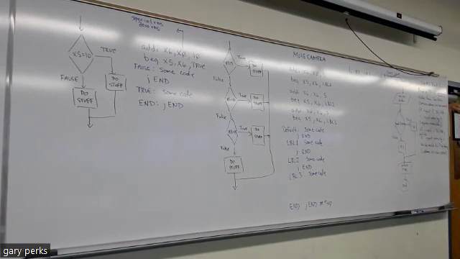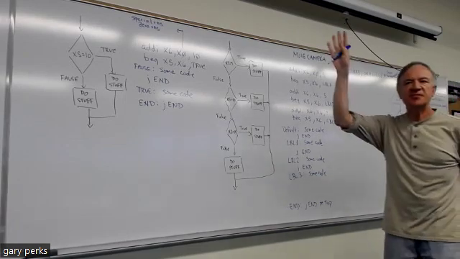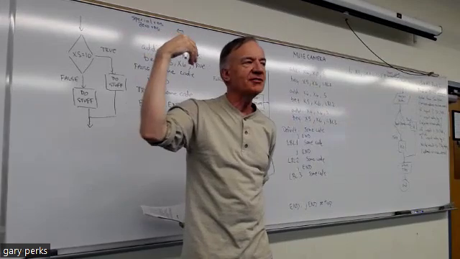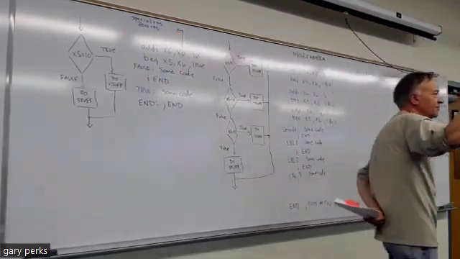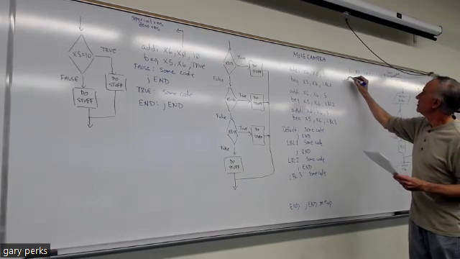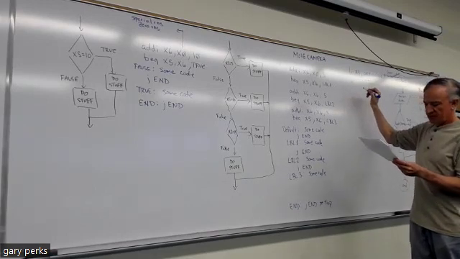Since we're interested in 32 bits, what load command am I going to use? Remember, there's several load commands: load byte, load half word, load word. Load word, yeah. So it's just going to be load word.